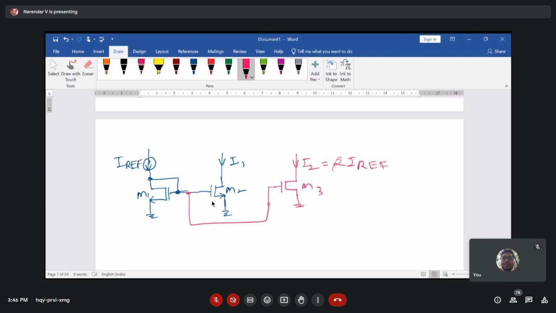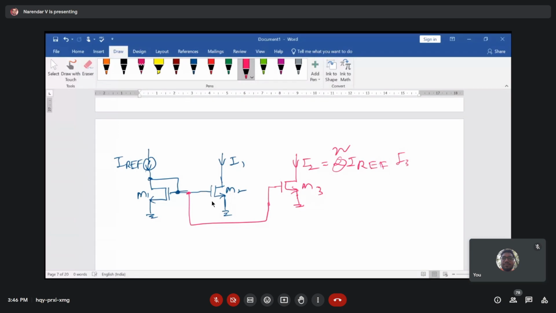You can make any value of n with respect to your I reference current. Likewise, you can take I3, I4, and I5, as many current sources, as many current mirrors as you require, and design it. Right? This is the concept of the current mirror circuitry that we are talking about.